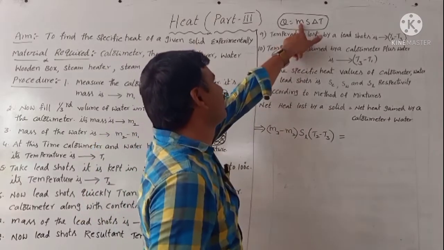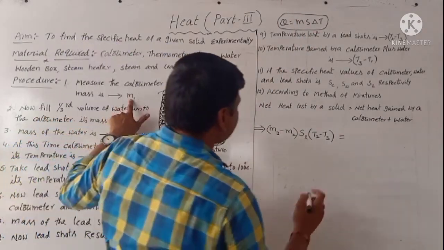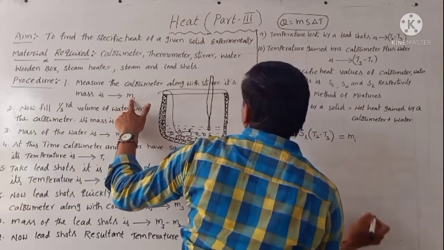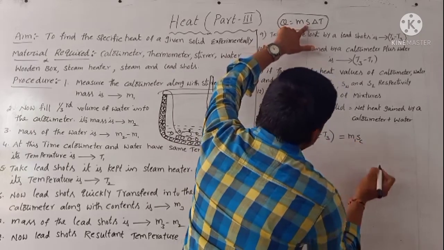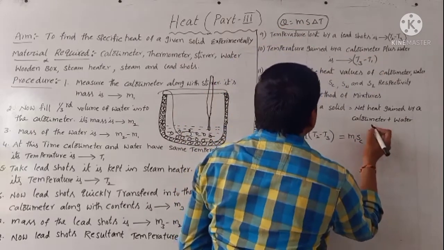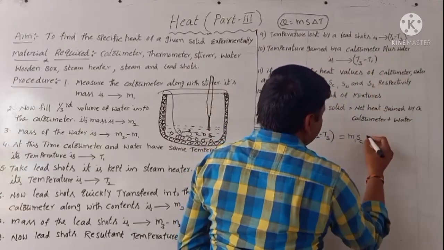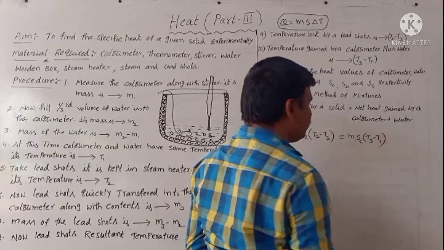Again we take the formula with mass. The mass of the calorimeter is M1. Next, the specific heat of the calorimeter is SC. The temperature gained by the calorimeter is T3 minus T1.